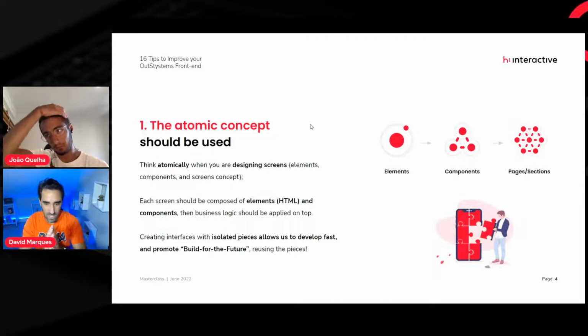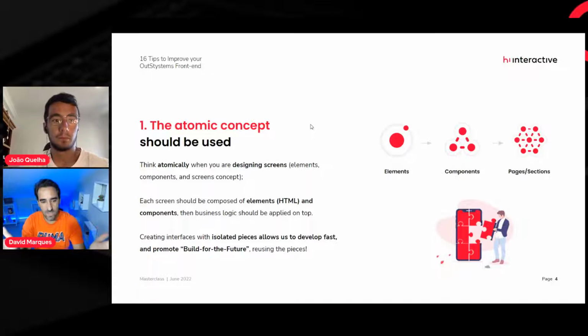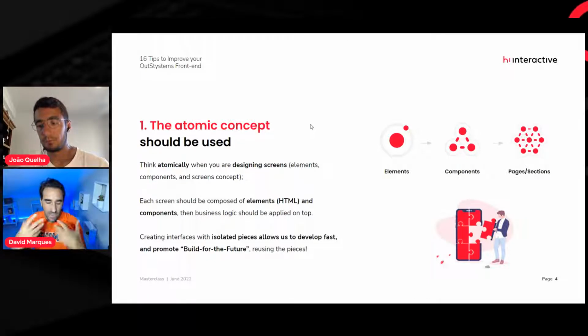This means that you need to follow the concept of elements, components, and screens or sections. Everything in your screen needs to be isolated and can be only two types of pieces. HTML native elements such as drop-downs, titles, text, buttons that come from your browser, and typically the widgets from the platform.